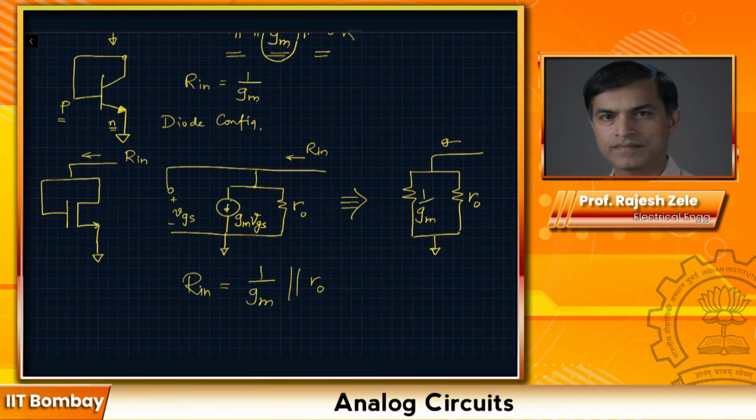So in this case, you could say that my G in is equal to GM plus G out, G out being the reciprocal of R out. And this becomes very convenient to do the analysis. And at the final end, you can take the reciprocal of G in if you need a resistance value. So since R out is very large, you can tell that R in will be equal to 1 over GM of the transistor.